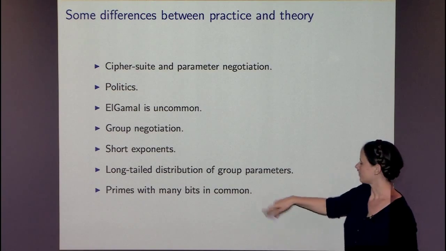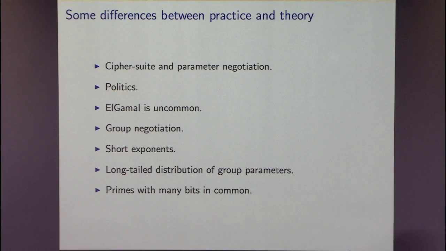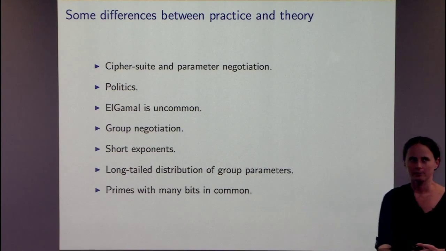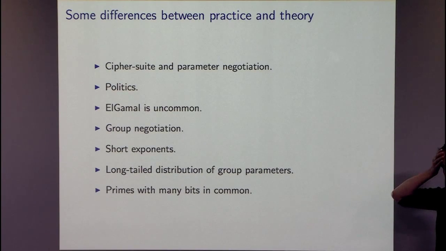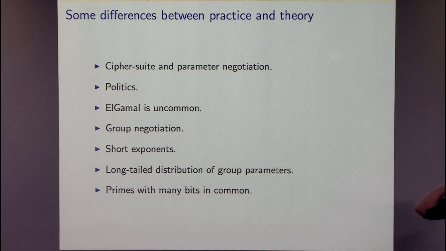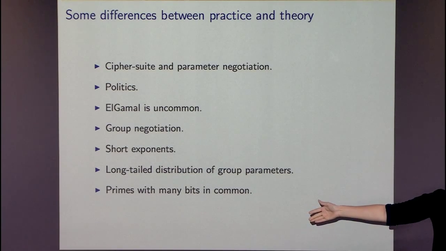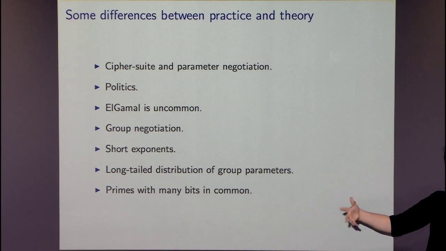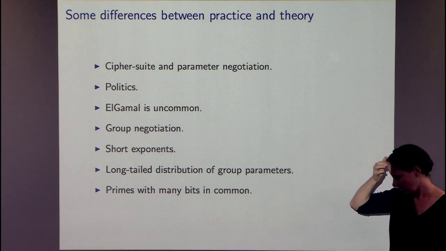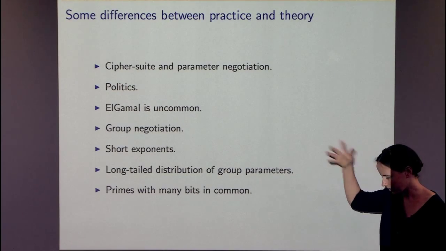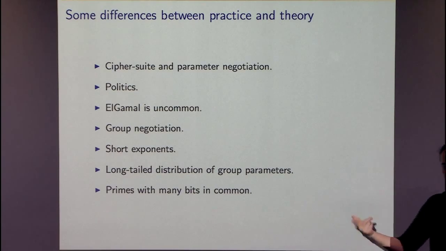I don't know. And then there's some interesting things, like if you scan for SSH, which we did, and you look at what primes people are using, there are only a few thousand primes used by all, I don't know, 10, 15 million servers supporting SSH. And almost all of them have almost all of their bits in common. SSH, unlike TLS, actually does have a group negotiation protocol.